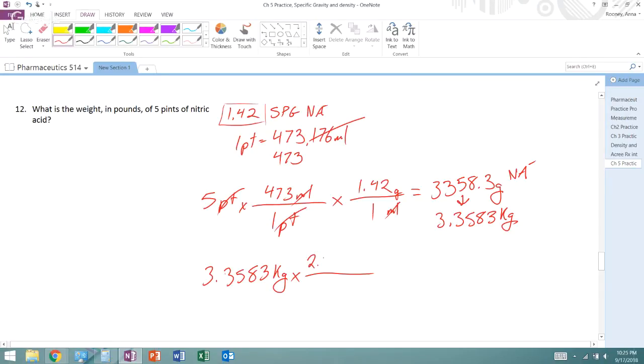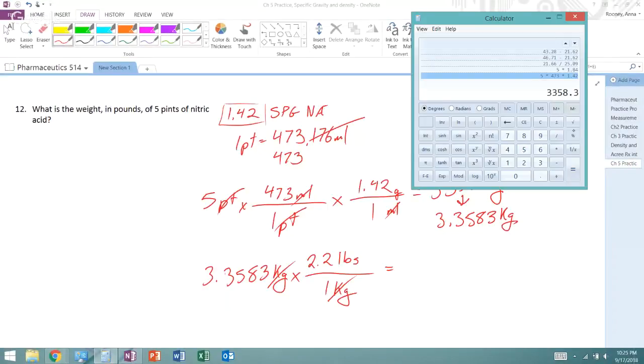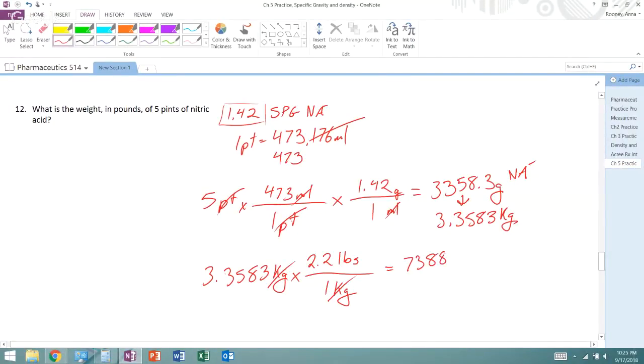So 2.2 pounds to 1 kilogram. That eliminates that unit. So then, pulling up the calculator, times 2.2 equals 7.3886, which is close to the answer.